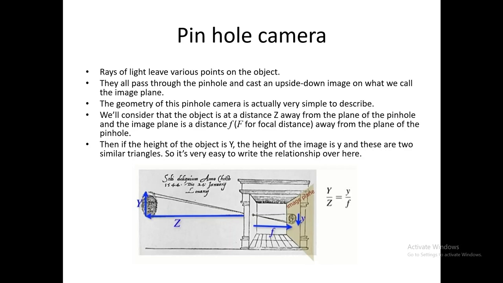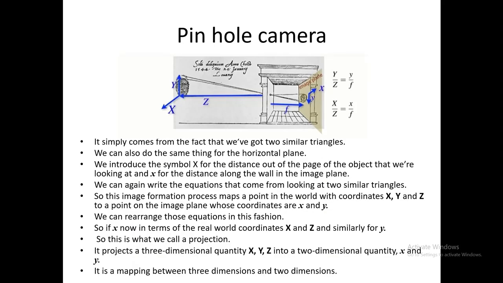Then if the height of the object is y, the height of the image is small y, and there are two similar triangles, so it's very easy to write the relationship: the ratio of the height of the object to the distance of the object from the pinhole camera is equal to the ratio of the height of the projected image to the focal distance. It simply comes from the fact that we have two similar triangles.